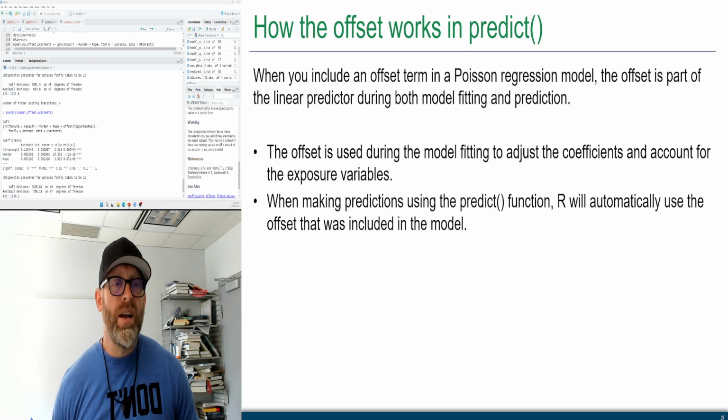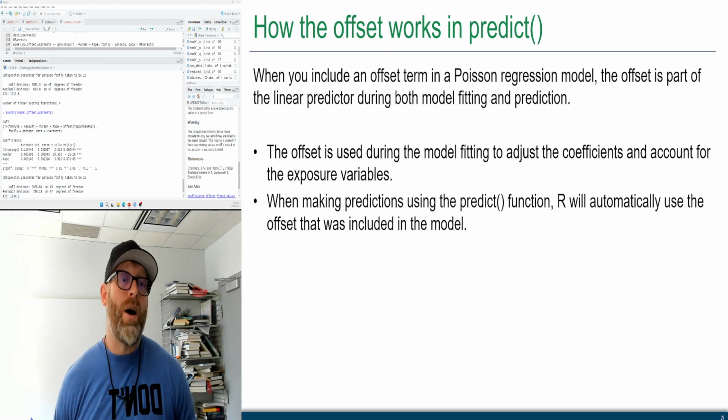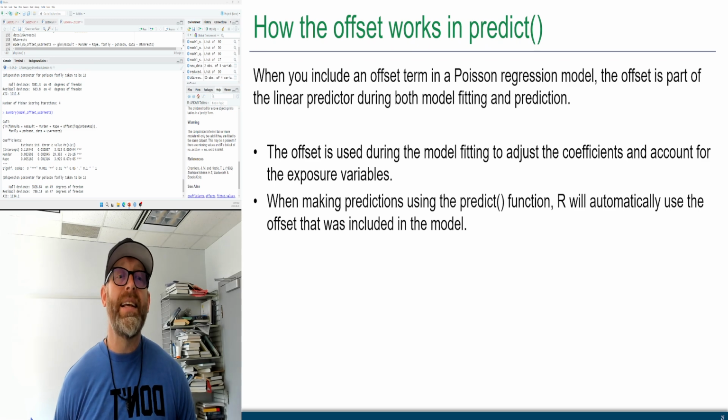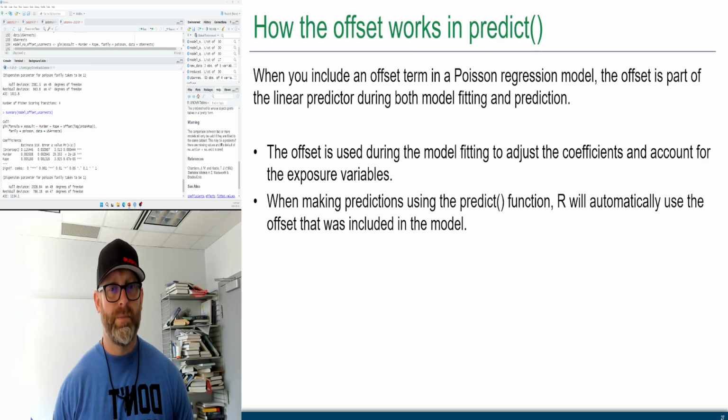We're going to do that now. The offset is used during the model fitting to adjust the coefficients to account for the exposure variable, so again, how often is something happening, in this case, the urban population. When making predictions using the predict function, R automatically uses the offset that was included in the model.